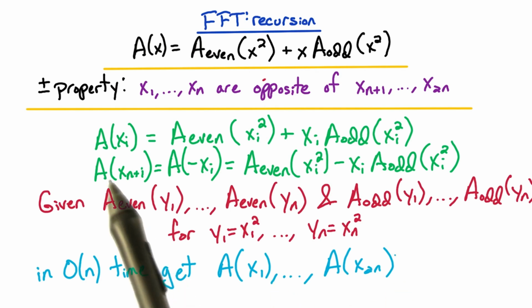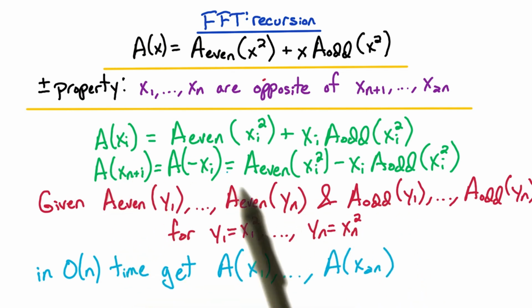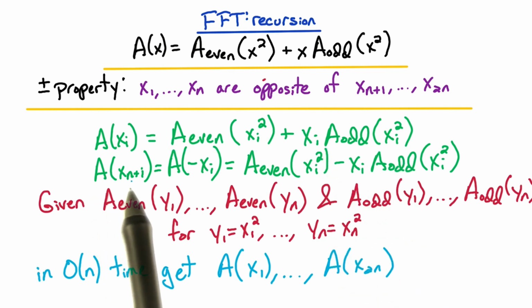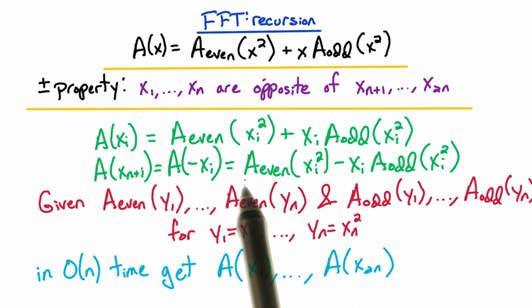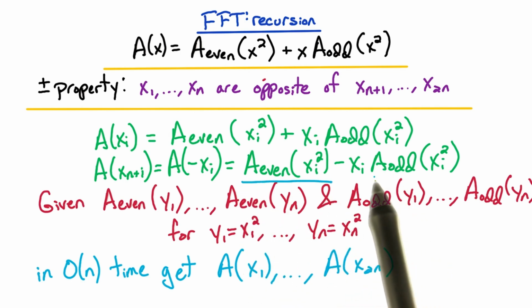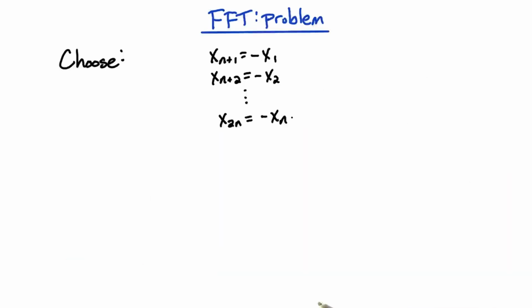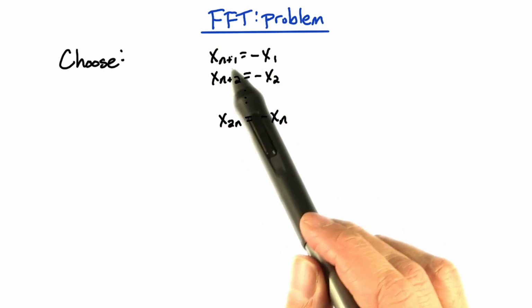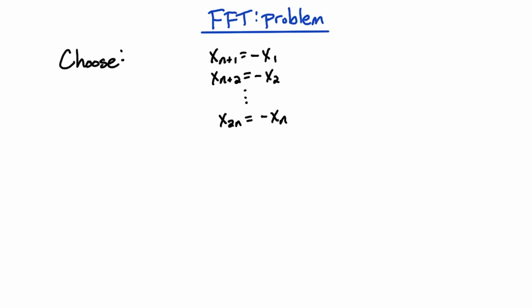In particular, to evaluate A at the point xi, it takes order 1 time given the value of A even at this point and A odd at this point. And similarly, to evaluate A at the point x n plus i, it takes order 1 time, given the value of A even at this point and A odd at this point. In order to get two endpoints which satisfy the plus-minus property, we're going to choose points so that the second n are the opposite of the first endpoints.